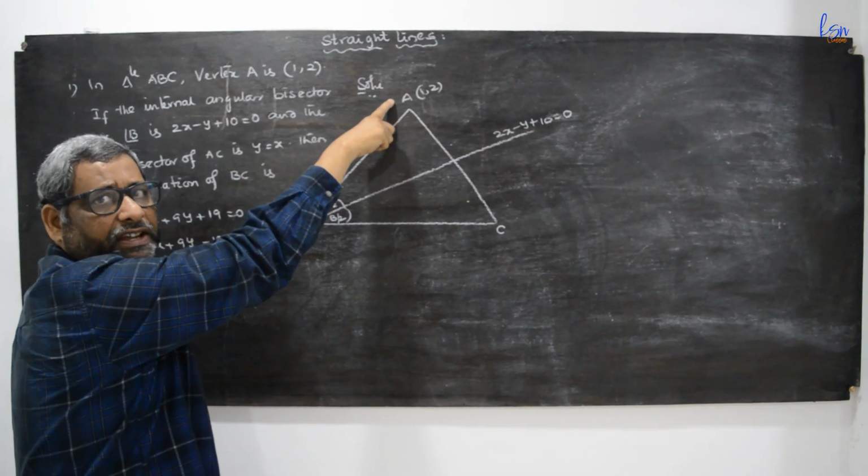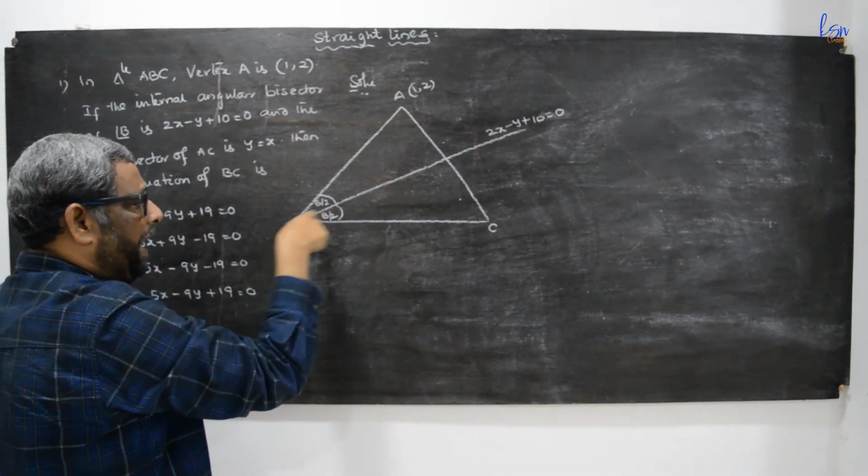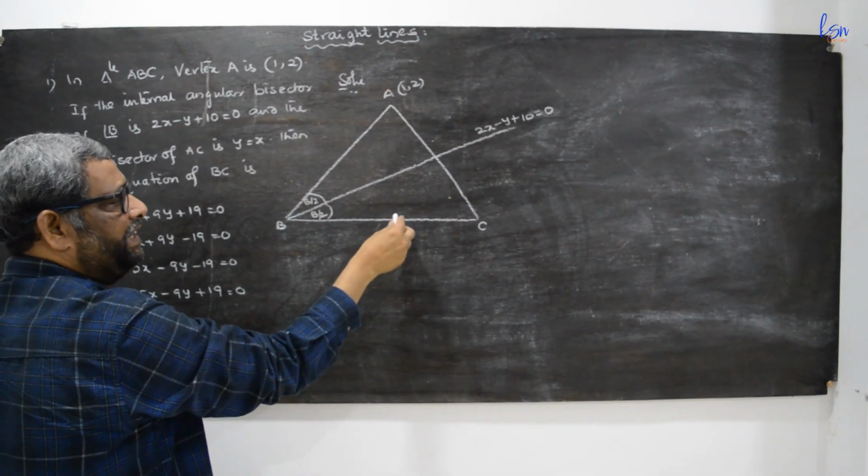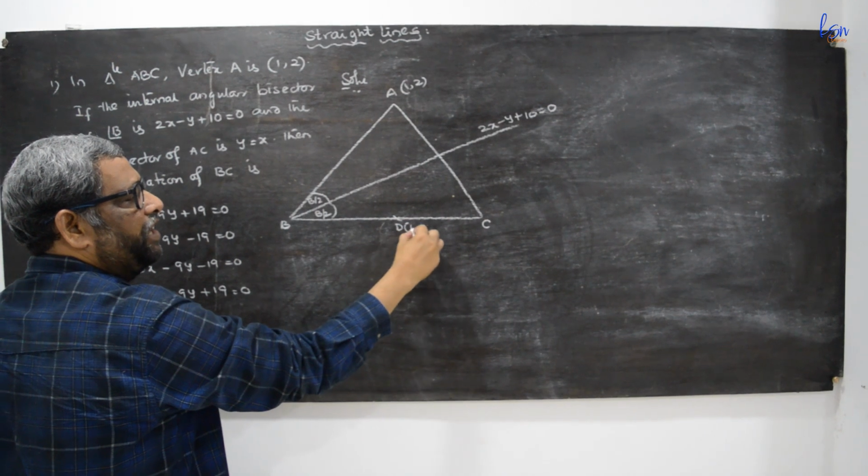The image of A with respect to the angular bisector of angle B lies on BC, say D (h, k).